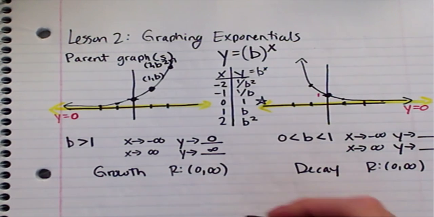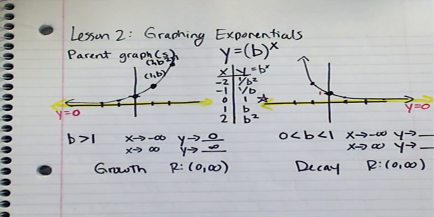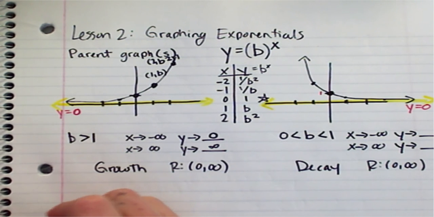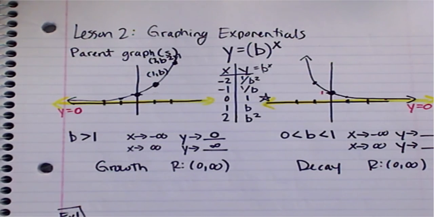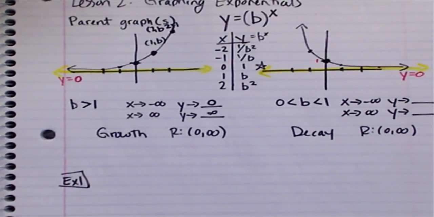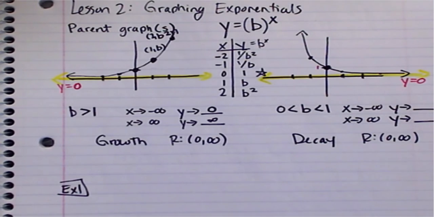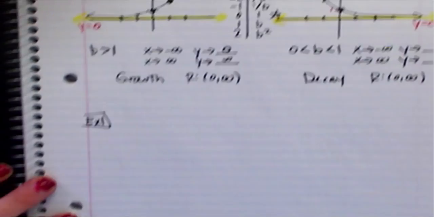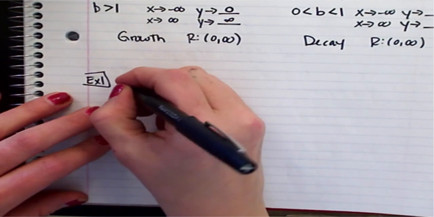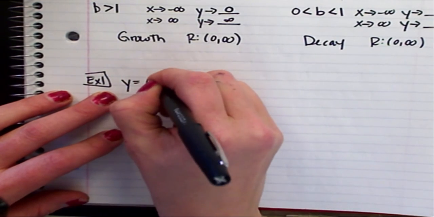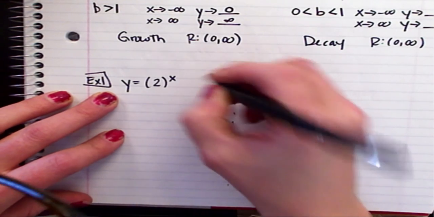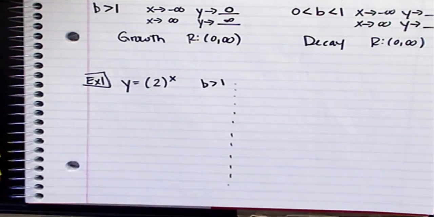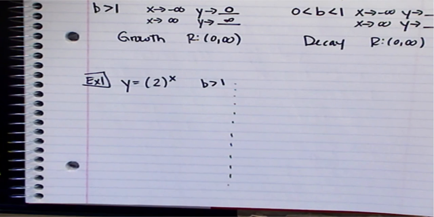Okay, I want to do 2 very quick pictures, not on your graphs yet. We're going to graph with some actual numbers so you can see what this will look like. We're going to do 1 growth and 1 decay. Y equals 2 to the x. All right, so this one I gave you, the base is more than 1, so that should be growth.